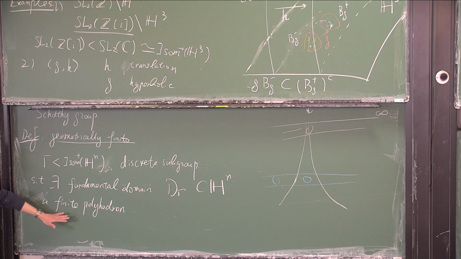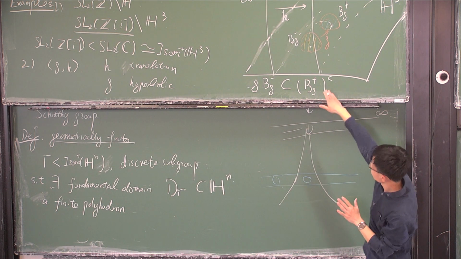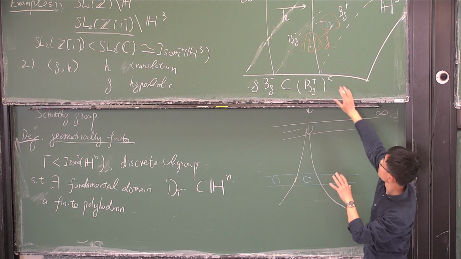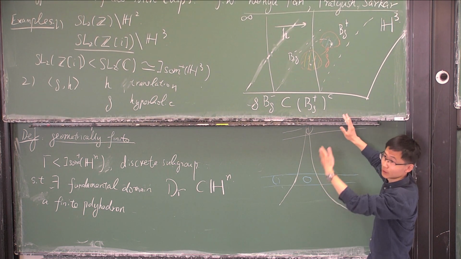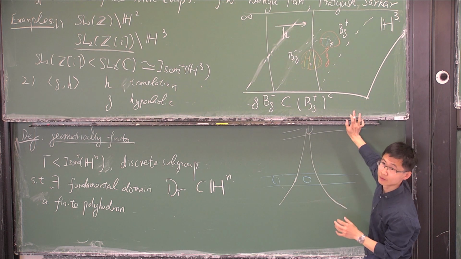Here, finite polyhedron means it's a finite polyhedron, but its boundary is totally geodesic. It's like this example. I gave you a fundamental domain here for this action of G and H, and its boundary is just this kind of subspace or this kind of half space.